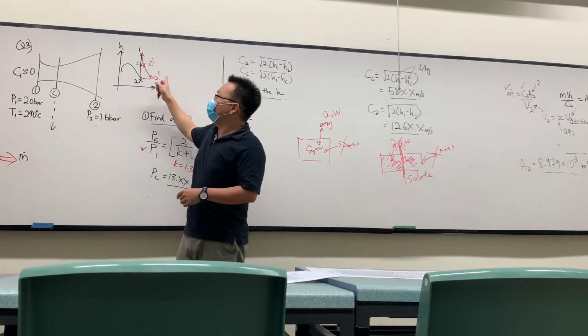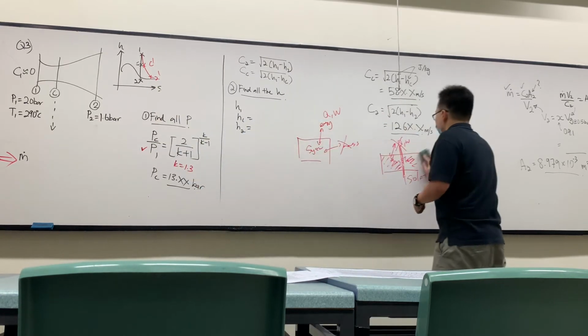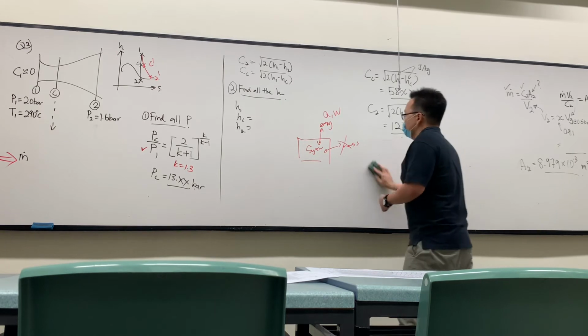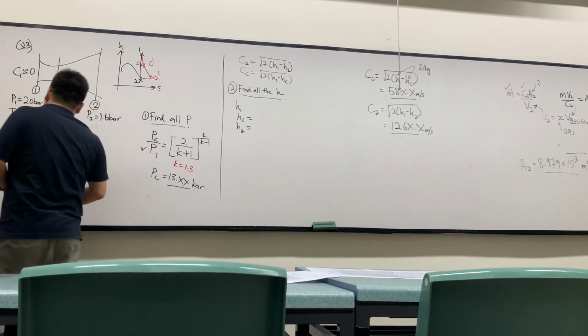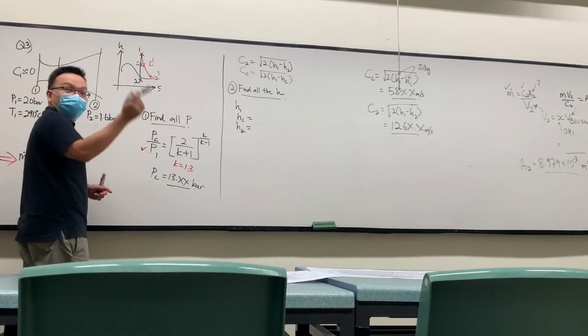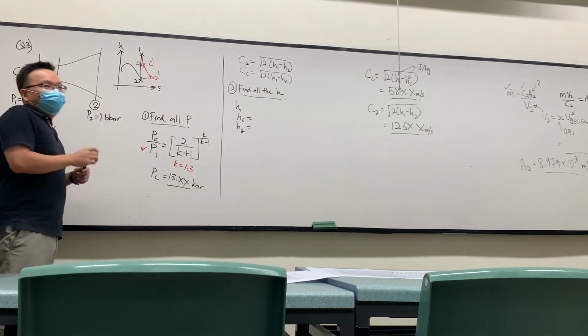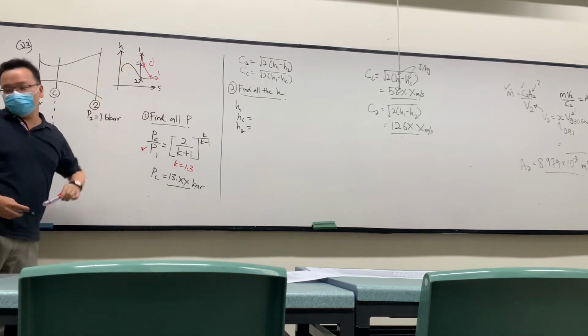What are 2 prime and C prime? The actual C and the actual 2. So 1, C prime, 2 prime. Okay?